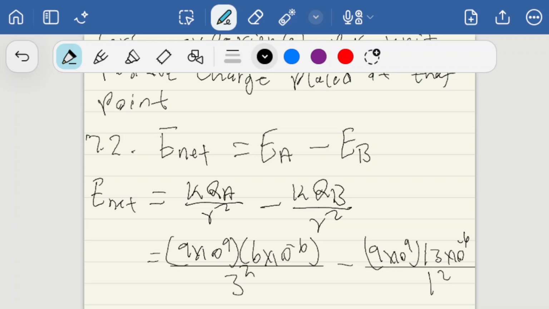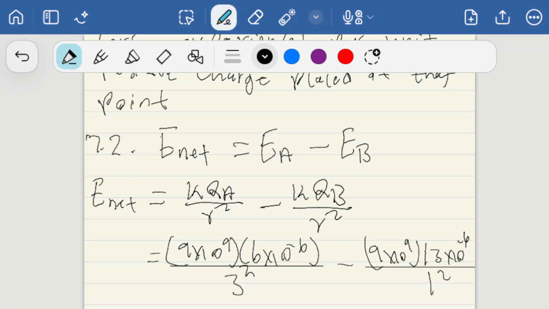So then, let us press together on a calculator. I get minus 23,625.